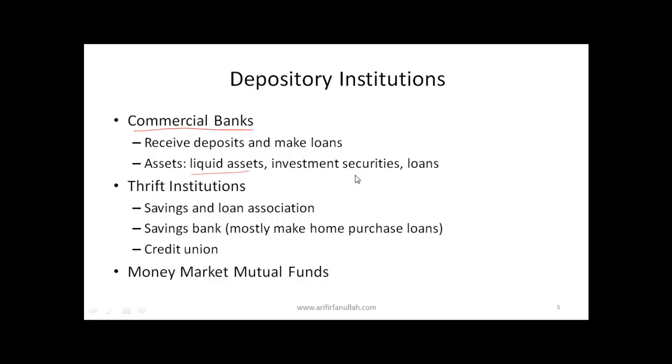Any loan that a bank makes is an asset for the bank. So what are the liabilities for a bank? The deposit is a liability. So the deposits that we make are a liability for the bank because the bank is under obligation to give that money back to us when we want. So these are the assets, and the liabilities are the deposits.